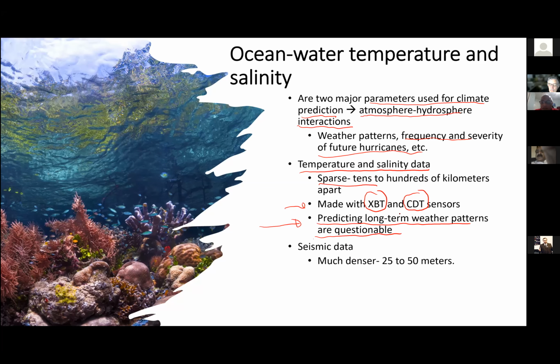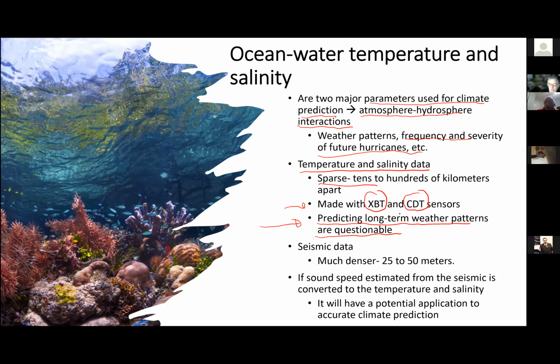But the seismic data is much denser. It is 25 to 50 meters lateral resolution, or it could be even less. There are some seismic data where the lateral resolution is much finer.